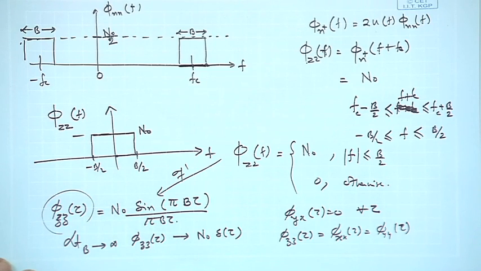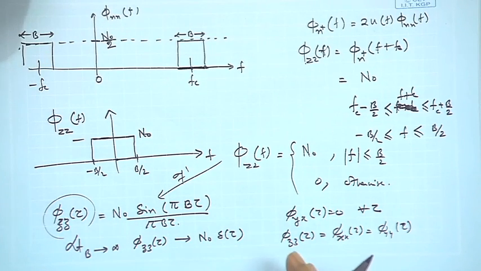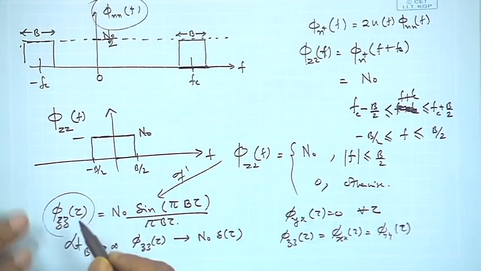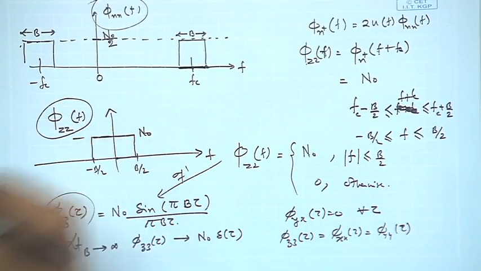With this, what we complete is the relationship between the passband noise process, its autocorrelation function, and that of phi n n of f. So, we could relate phi n of f to phi z z of f. That means given the power spectral density of the noise in the passband, we can also calculate its equivalent power spectral density at the baseband.